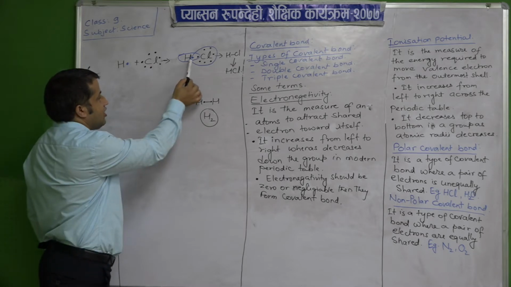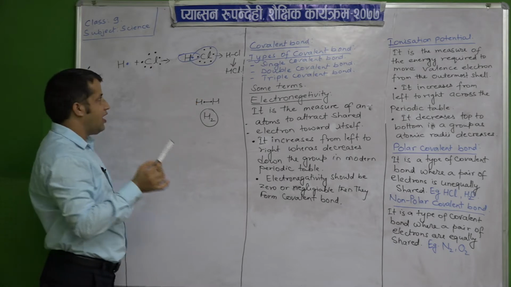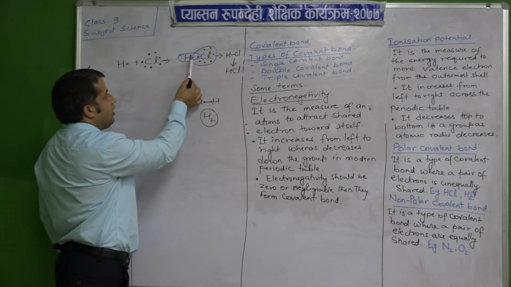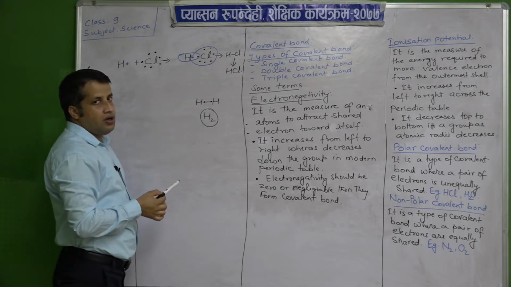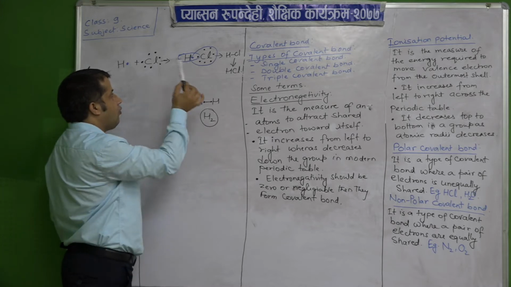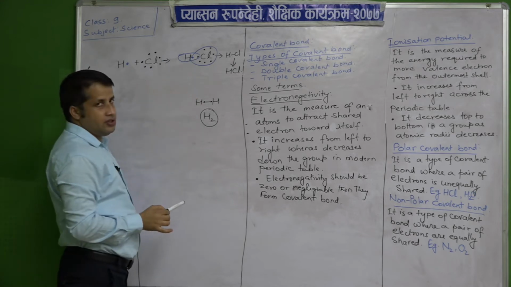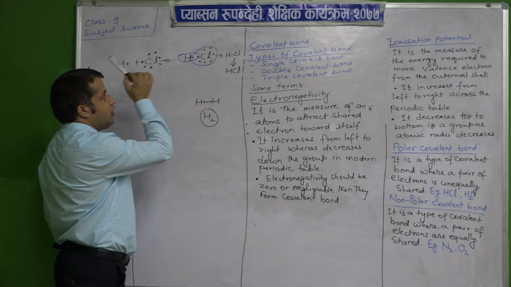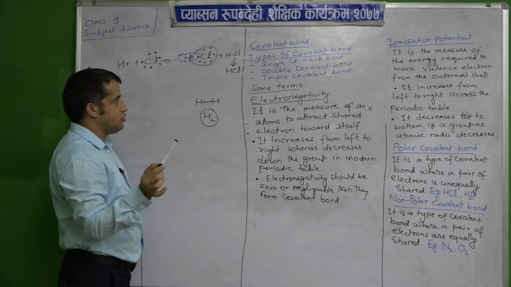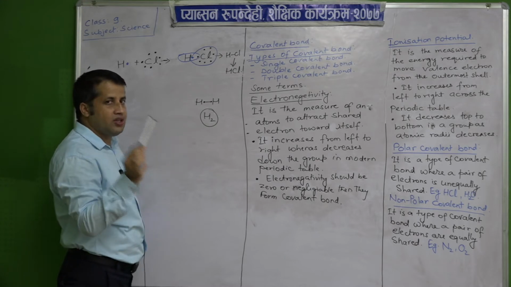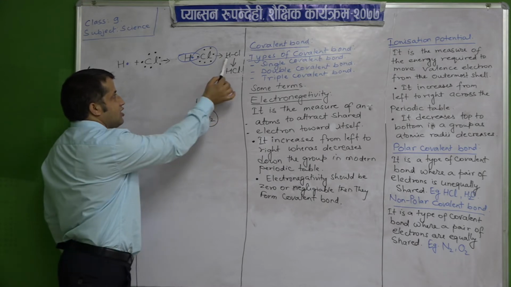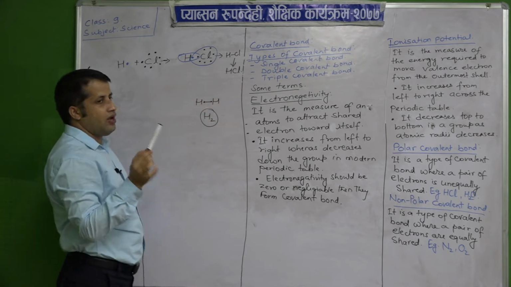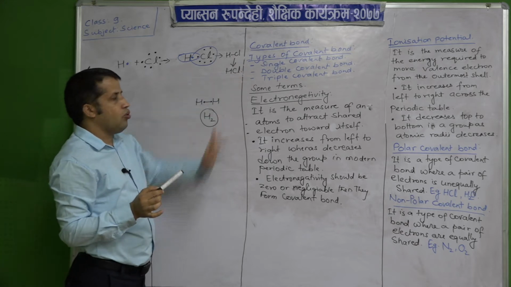Thus hydrogen completes its duplet, whereas chlorine completes its octet by sharing one electron of hydrogen. So they are sharing one electron with each other. Thus we can write it as H-Cl, that is HCl. That we studied last time, the single covalent bond.